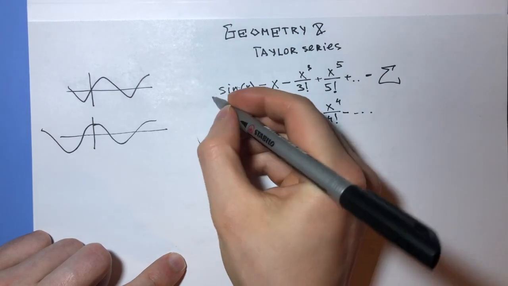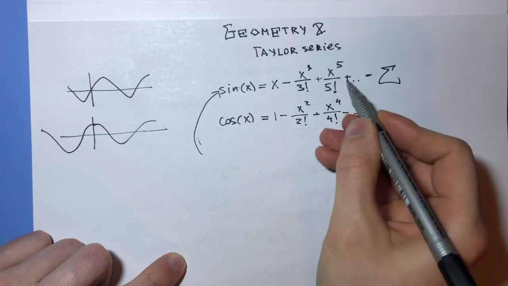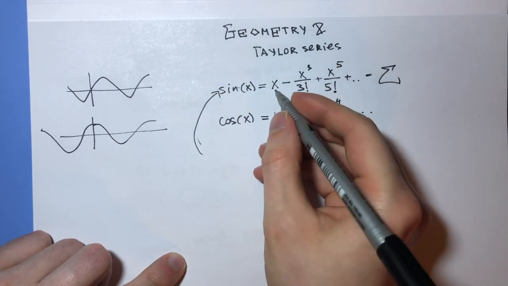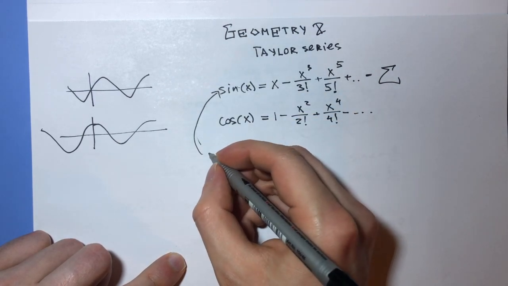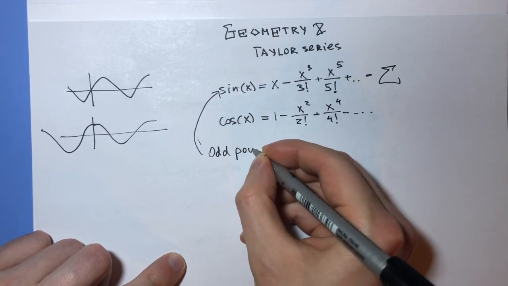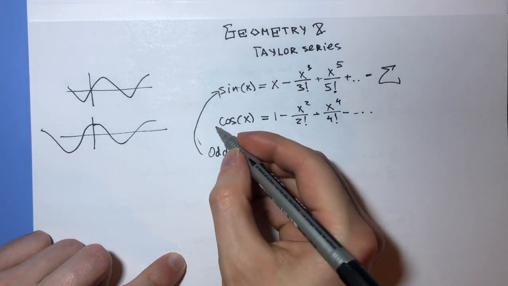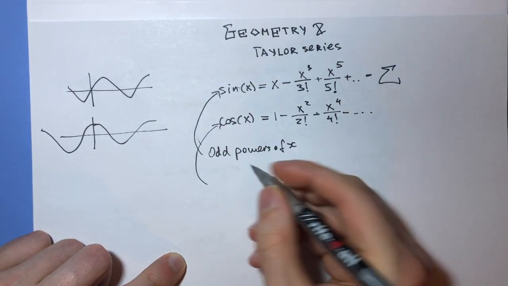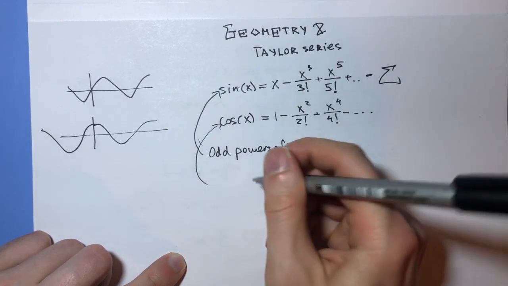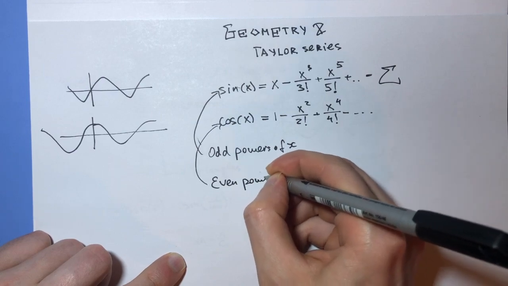In sine, if you look at the powers of x, we see that it only contains odd powers of x. And if you look at cos, it only contains even powers of x.